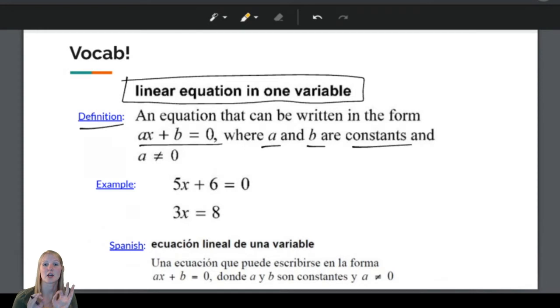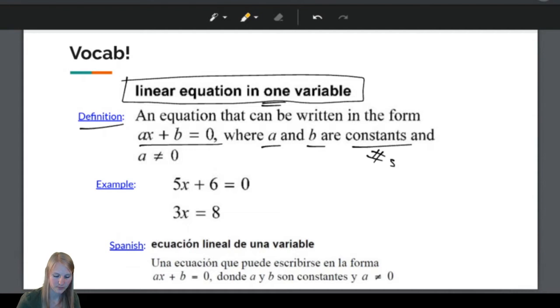That means that they are numbers. So a and b are numbers. And a cannot be 0. So basically you have to have an x in it. There needs to be a variable and just one variable. So I can't have 3x plus 4y equals 0, then that would be 2 variables, not 1 variable.